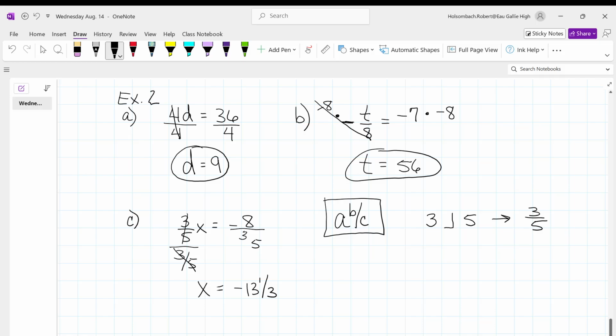And then if you hit equals, what comes out is -13, an underscore, and then a 1, this symbol again, and a 3. That's what it looks like on the display screen. This is what it means. It means -13 and 1/3.